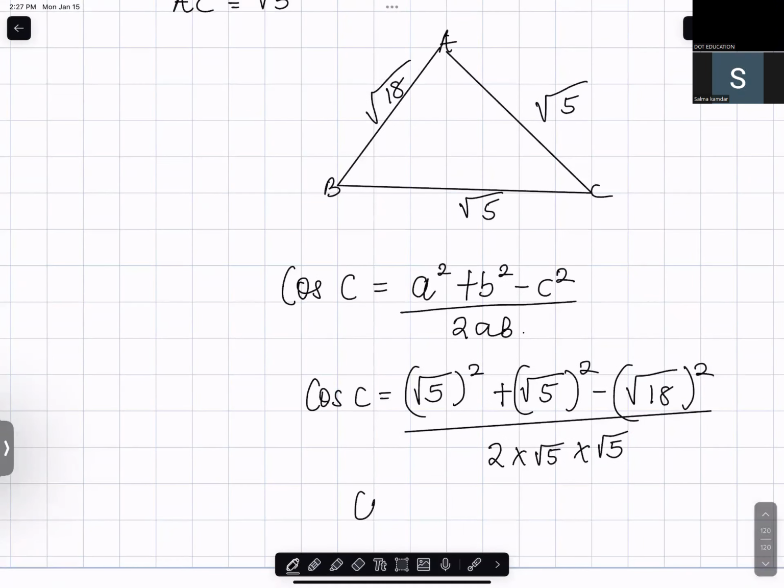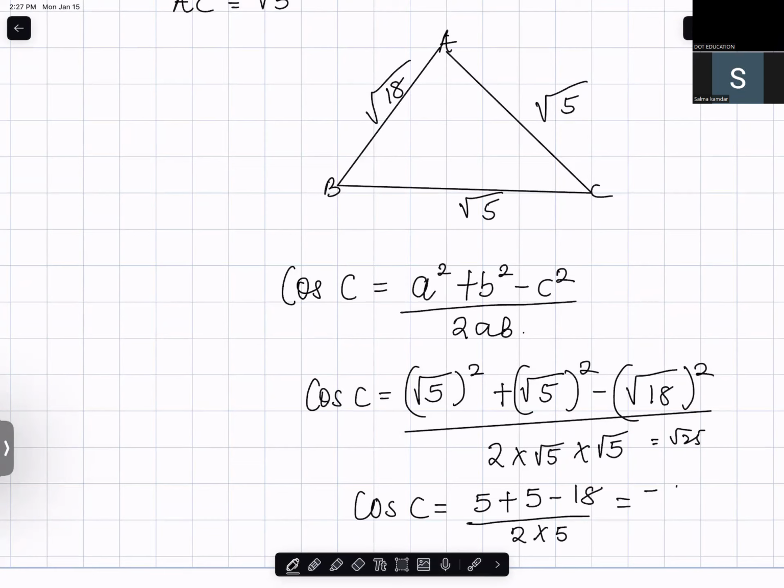We have cos C as root 5 squared is 5, plus 5, minus 18, divided by 2 times 5. That's root 5 multiplied by root 5 gives root 25, so the square root of 25 is 5. We have 5 plus 5, 10, minus 18 is minus 8/10.